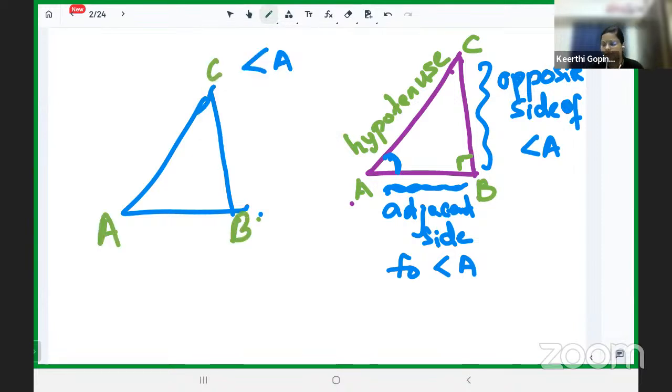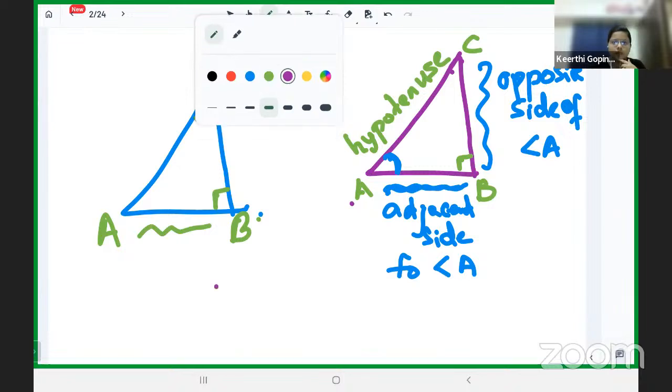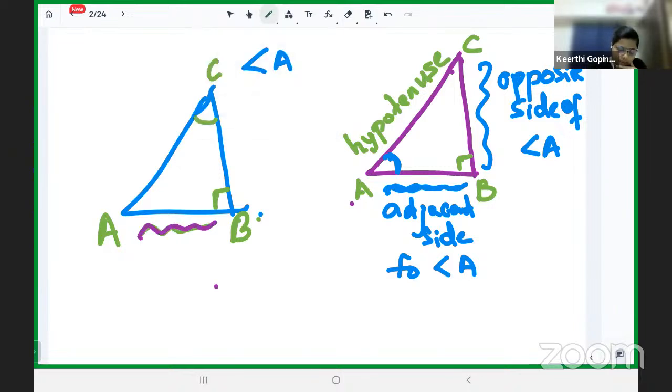So with respect to angle C, we know that this one is 90 degrees. What can you say about the side AB? This is clearly the hypotenuse. It is the longest side of the right angle triangle and it is nothing but the hypotenuse of the triangle.